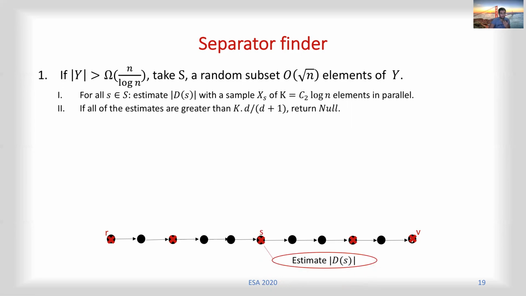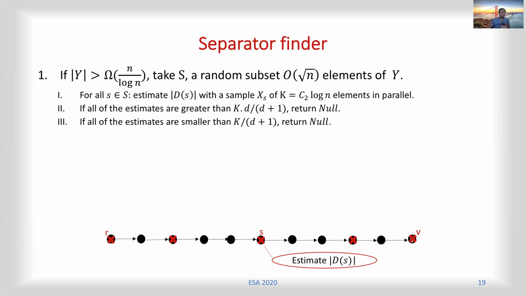Then, if all of the estimates are greater than k times d over d plus 1, we guess that all of the nodes on the path have too many descendants to be a near edge separator.